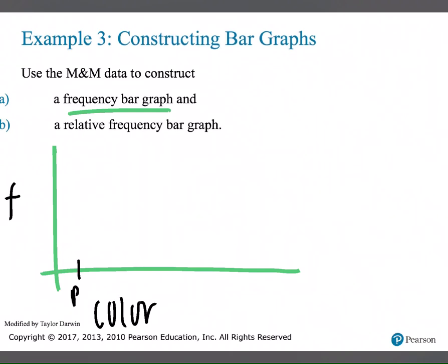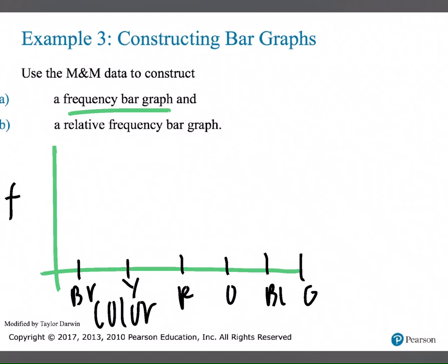So I've got brown, yellow, red, orange, blue, and green. Try to evenly distribute them, so that they're spread out an even amount. Try your best. And then our highest number was 12.